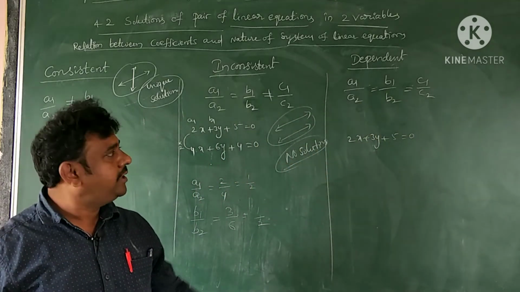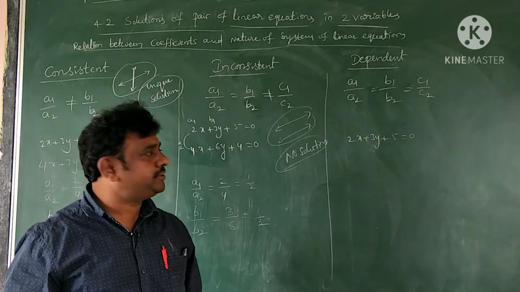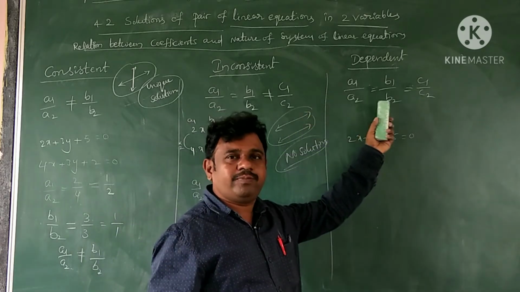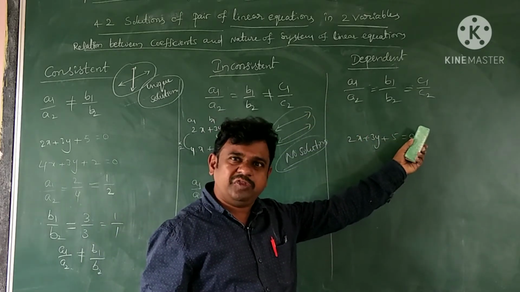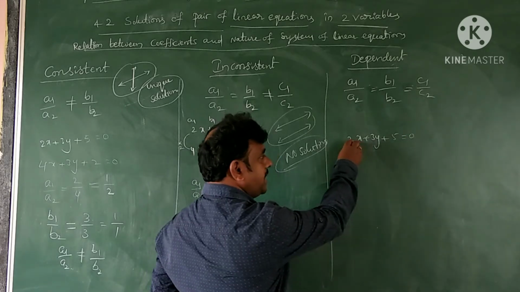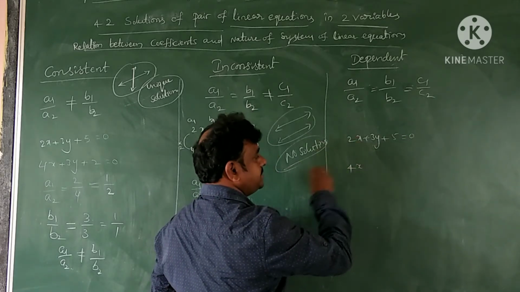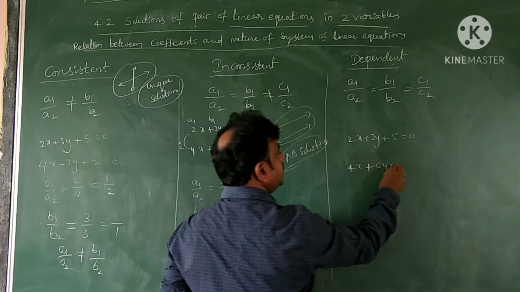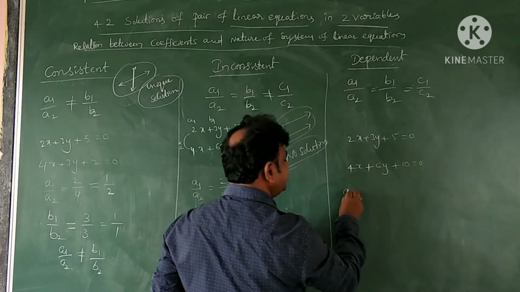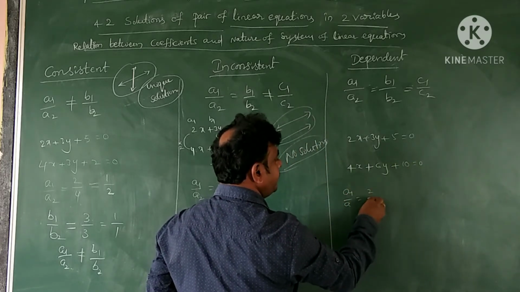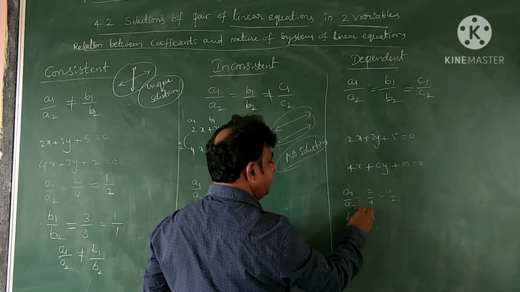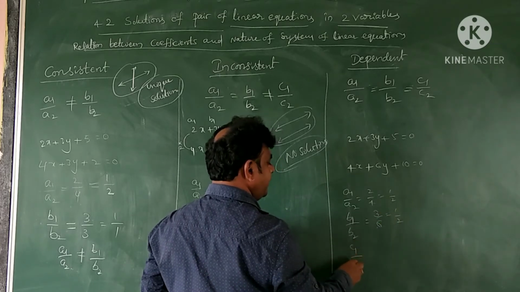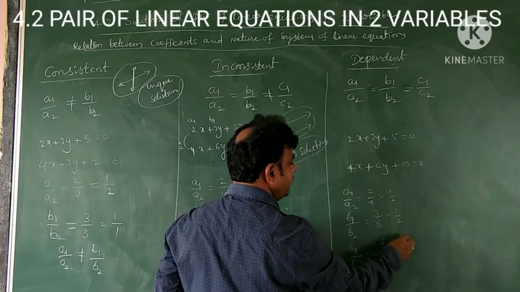Suppose I write 2x plus 3y plus 5 equal to 0. Now we can write a dependent linear equation to it. What is dependent? If a1 by a2 is equal to b1 by b2 is equal to c1 by c2. Suppose I multiply by 2: 4x plus 2 3s are 6y, 2 5s are 10. Clear? a1 by a2 is 2 by 4, which is 1 by 2. b1 by b2 is 3 by 6, also 1 by 2. c1 by c2 is 5 by 10, also 1 by 2.